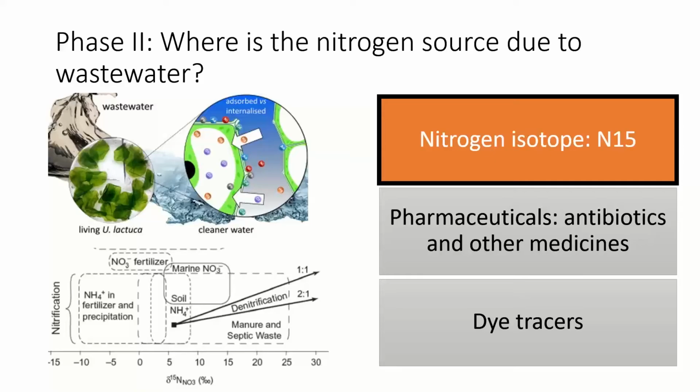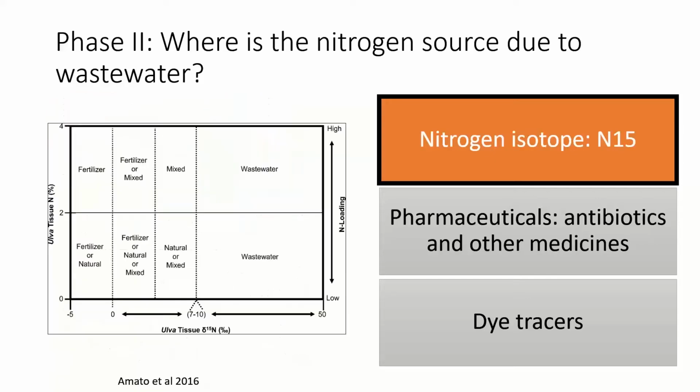So you can get high nitrogen-15 isotopes when you have wastewater and low nitrogen-15 isotopes when you have fertilizer inputs, and therefore it allows you to distinguish places that might be affected by wastewater. The benefit to this is you can collect ulva tissue, so macroalgae tissue, and this is what Dan will be talking about after me, so I'll let him describe a little more.